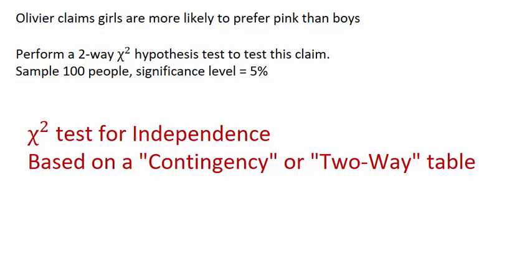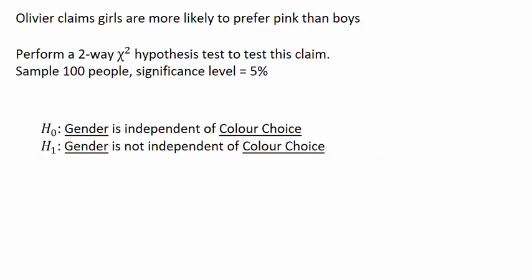So, like all hypothesis tests, we start off with a null and alternative hypothesis, and the null hypothesis is the neutral ground. What is the neutral position on this? And it is this: gender is independent of colour choice.